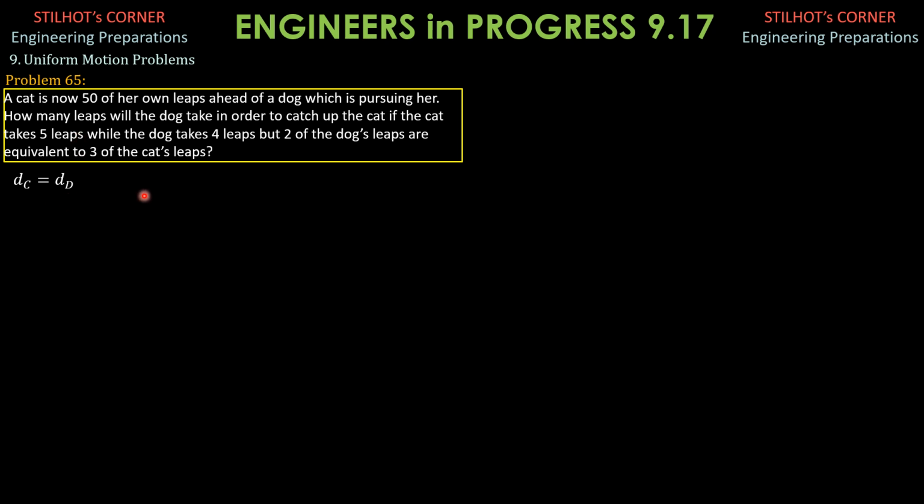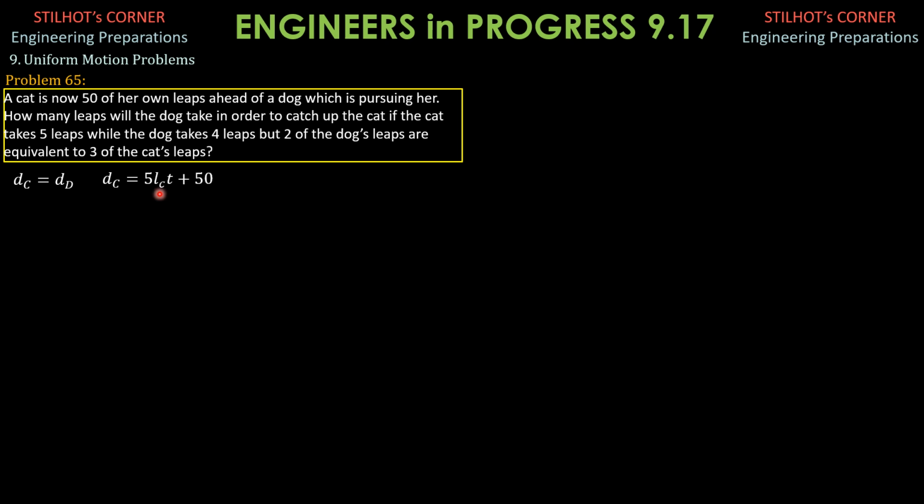The cat's distance would be her speed, which is 5 cat's leaps per second, times time. You have the same travel time, plus, because it is mentioned here, the cat is ahead by the equivalent of 50 of her own leaps. So distance of the cat is 5 cat's leaps per second times time plus 50 cat's leaps.